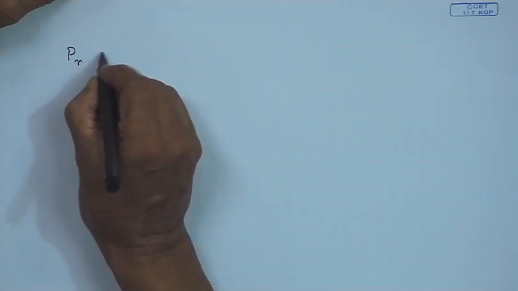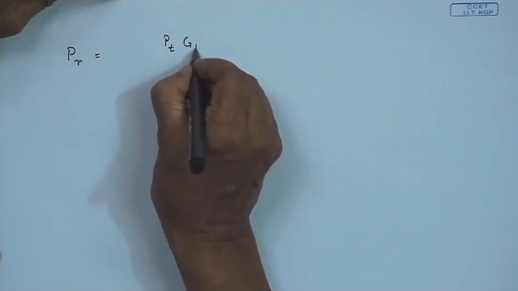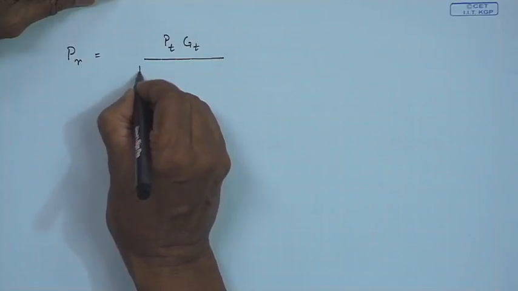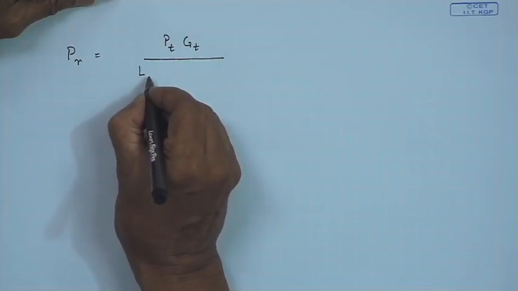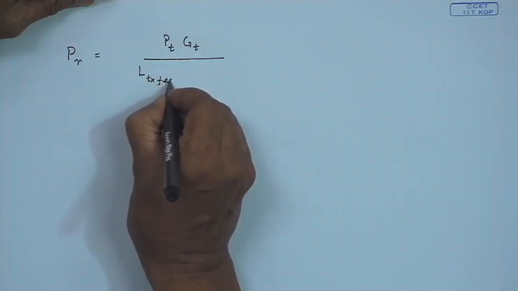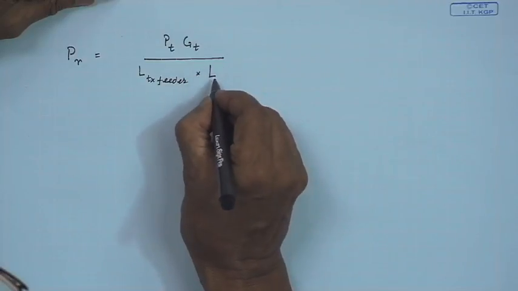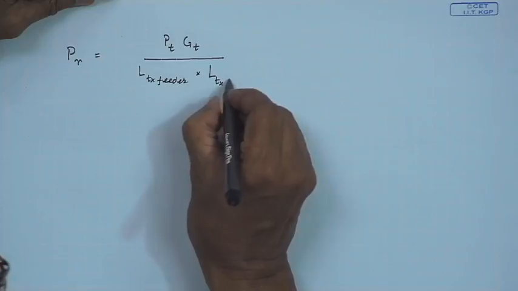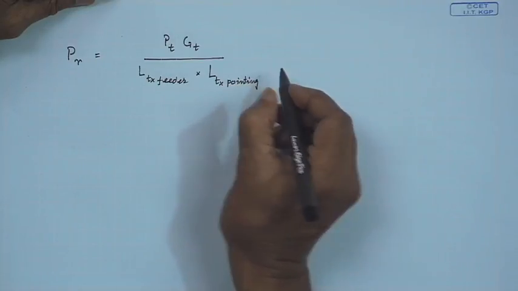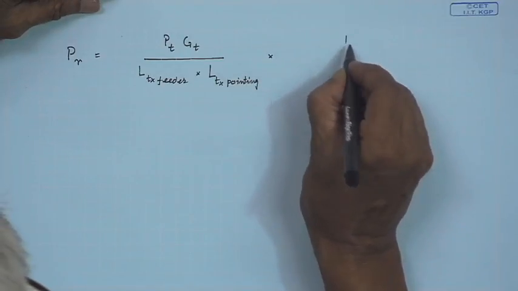We have P r, which is equal to EIRP, PT into GT, and at the transmit side we have loss due to transmit feeder, then loss due to transmit antenna pointing, then we have the medium which is coming between.